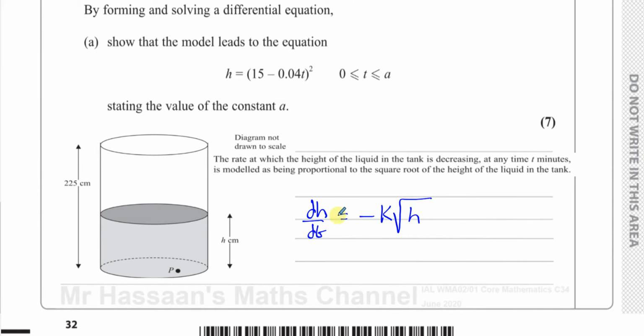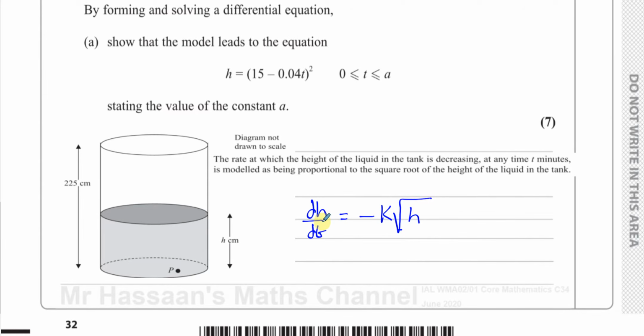This is the basic differential equation that we've set up from the information given, that the rate of decrease of the water in the tank is directly proportional to the square root of the height of the liquid in the tank. So it's equal to minus k times the square root of h, minus because it's decreasing, and k because it's the constant of proportionality. That's how we've set up the differential equation.